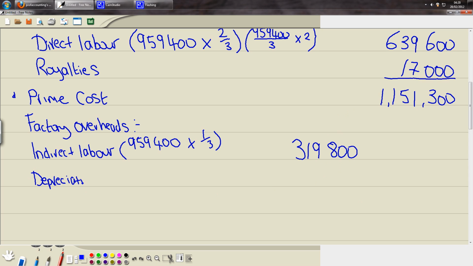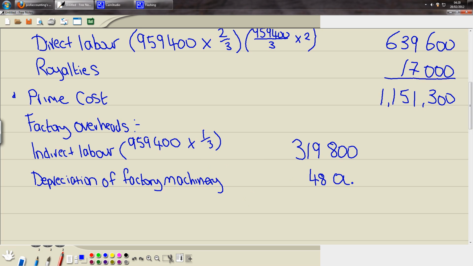And the depreciation is very well labelled. So you've got depreciation of factory. What's it say? Factory machinery. It's given as 48,000. I thought it was a bigger value. 48,000.